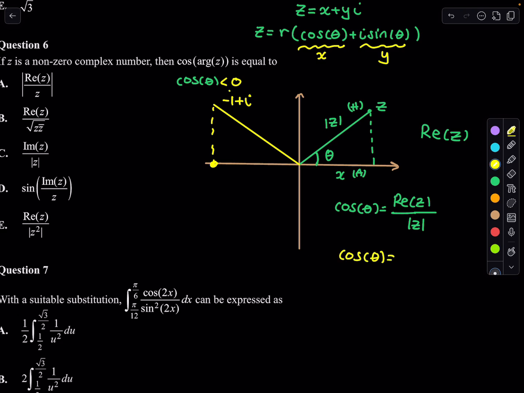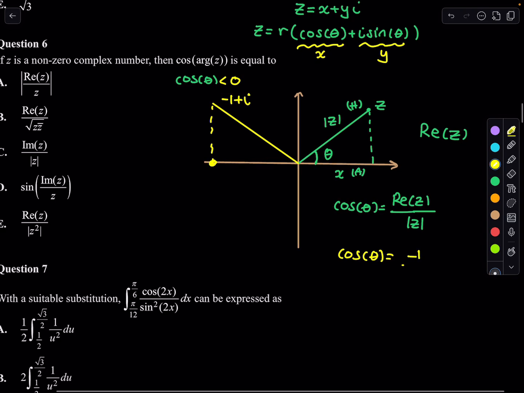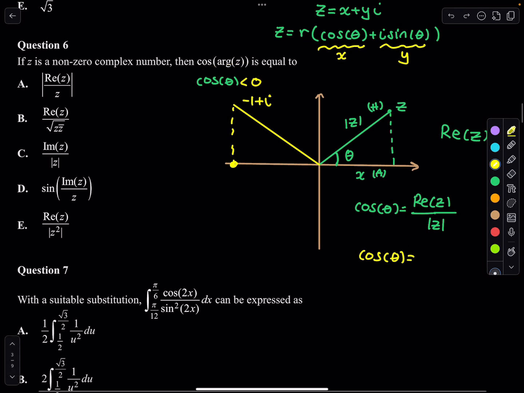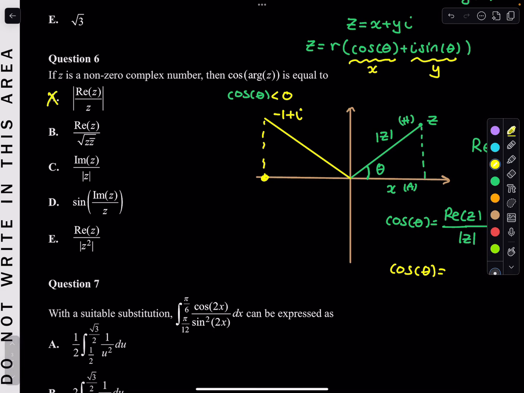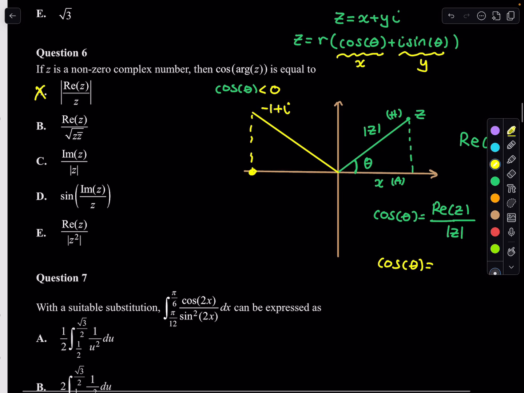What's the real part of z in this one? It's -1, and the magnitude of z is root 2. Then you're saying take the absolute value of it. If you take the absolute value, it becomes positive, which is rubbish, because cosine theta has to be negative. So in some cases this won't work. So that one is absolute rubbish.